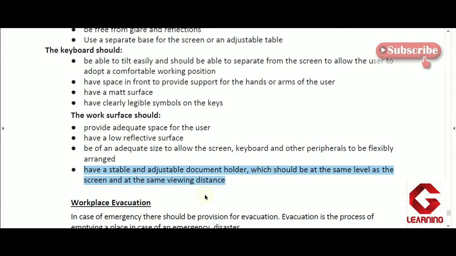So it should not be so far, it should be at a proper distance so the user should be able to see files in the document holder easily and can easily bring a file from the document holder. It should not be very far, because if it is far then the user has to move again and again, and second, one also cannot recognize which file is available in the document holder and which one is not.